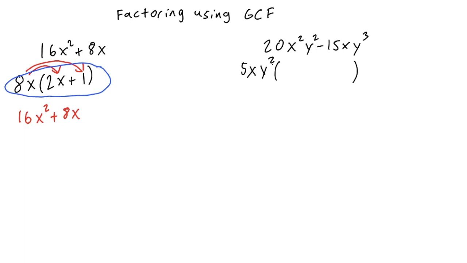And then we divide everything out. 20 divided by 5 is 4. X squared divided by x, or you have 2 x's, you take away 1, you're left with 1, so just x. And y squared divided by y squared is just 1. So essentially we had y squareds, and we take away the y squared, so there's none left.